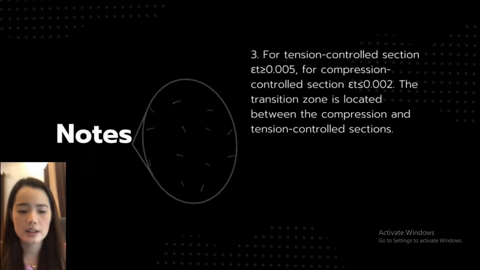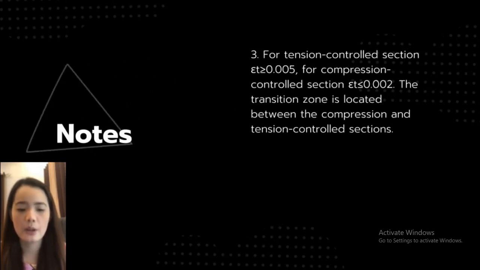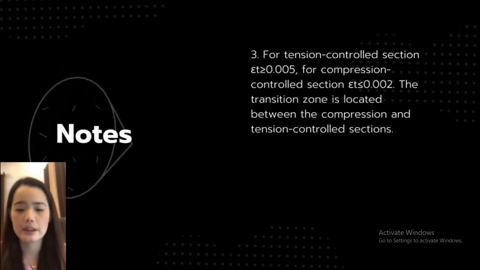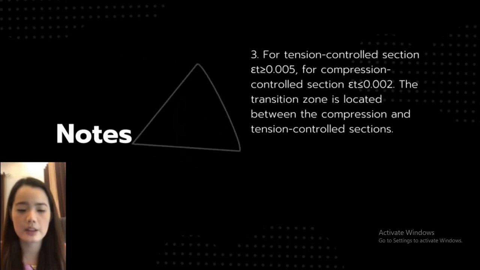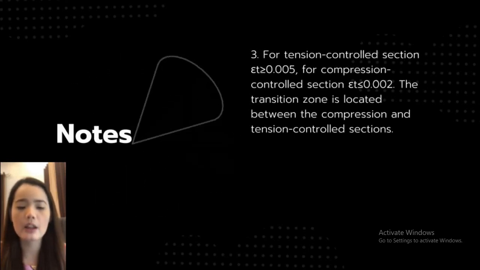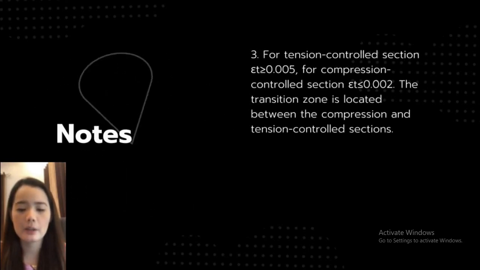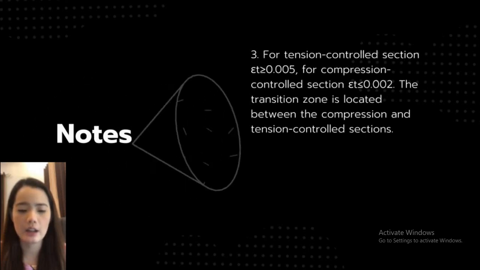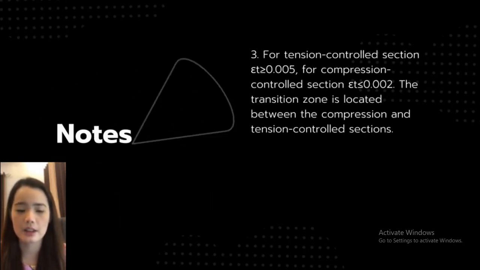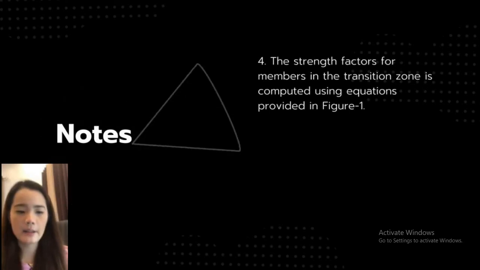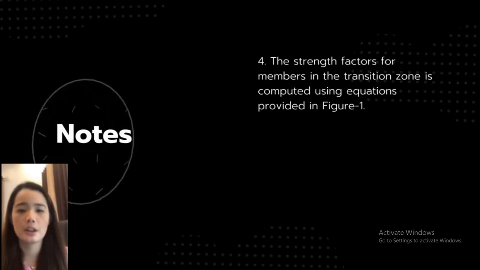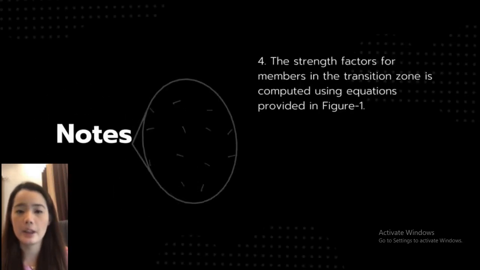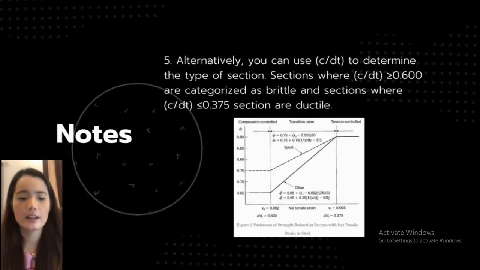Therefore, such sections are those where the extreme tensile reinforcement steel shall stay at a strain of less than or equal to 0.002 when the concrete extreme fiber in compression attains a strain of 0.003. The strength factor of a member in the transition zone is computed using the equation provided in Figure 1.